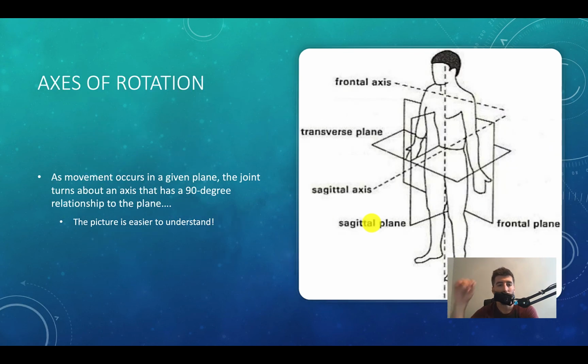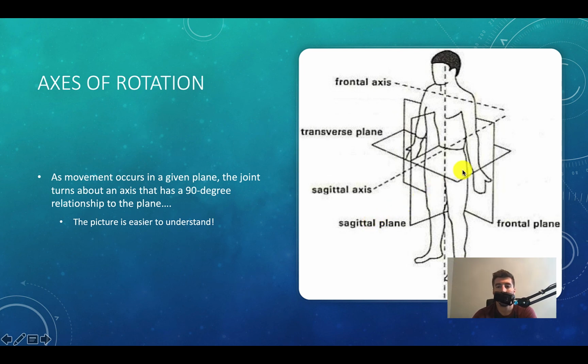When it comes to really trying to picture the axes, I think this helps quite a bit. So if you're moving in a frontal plane, essentially that sagittal plane is really going to be the axis of rotation, right? Because it's running 90 degrees or perfectly perpendicular to that plane.